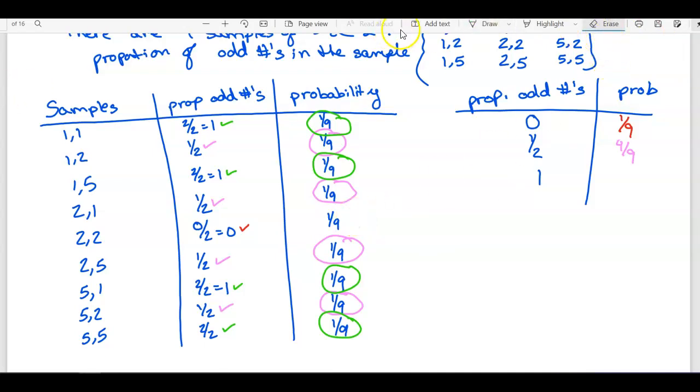This one's for 0. So the probability of having a proportion of odds as 1 would be 4/9 as well. So here's our probability distribution, kind of thinking about this in terms of a discrete distribution now. And we could take this table and we could rewrite it this way.